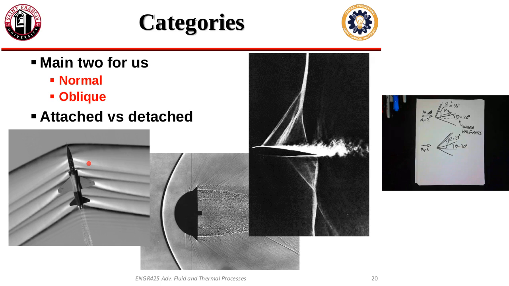If we know the wave angle and the geometry of the free stream conditions, we can find pressure variations, density variations, temperature variations, whatever. We can find whatever we want across that shock wave. So, what if we have a supersonic airfoil? Can we find lift and drag? Let's have a look.